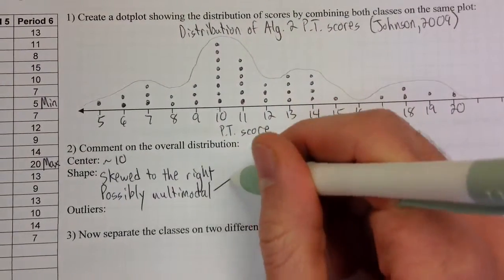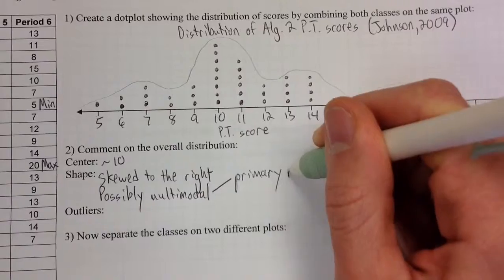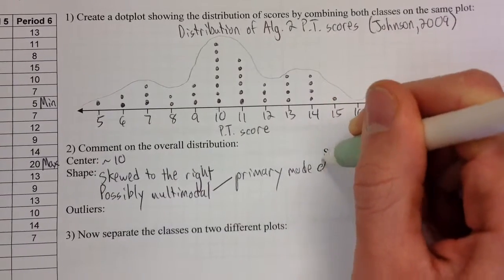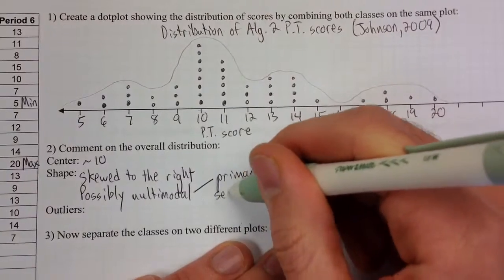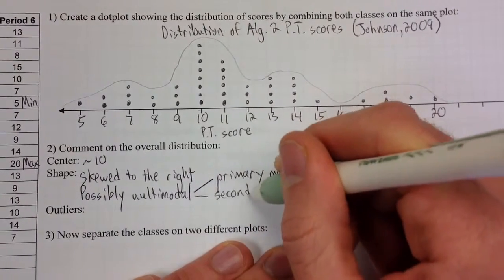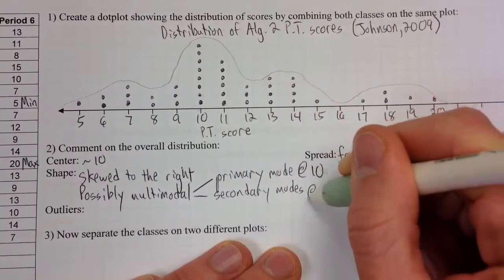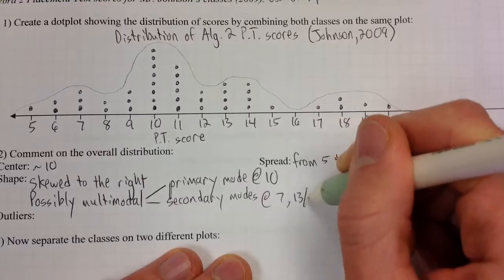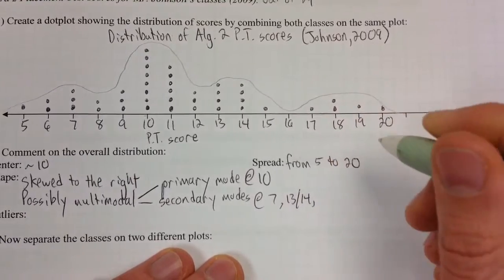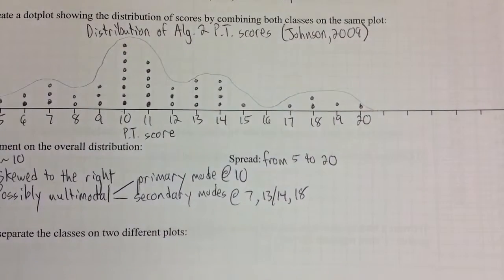So, as I was saying before, your primary mode is definitely at 10. And then possible secondary modes at 7, 13/14, and 18.